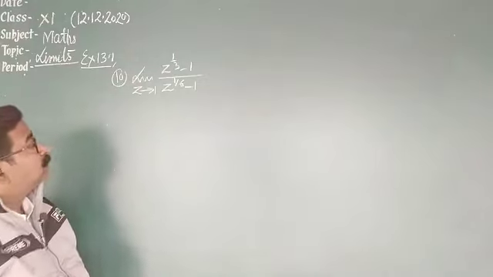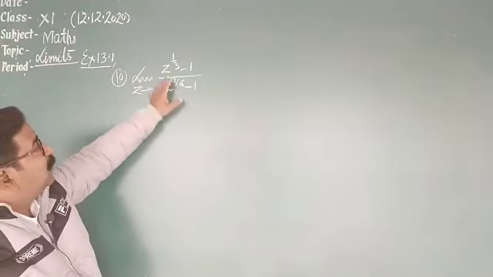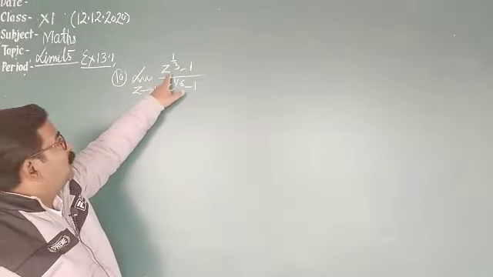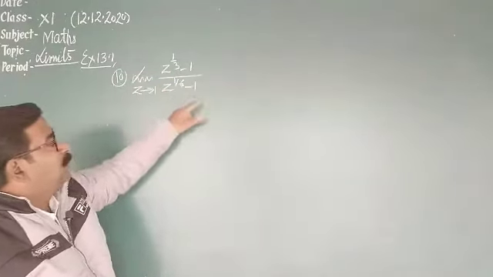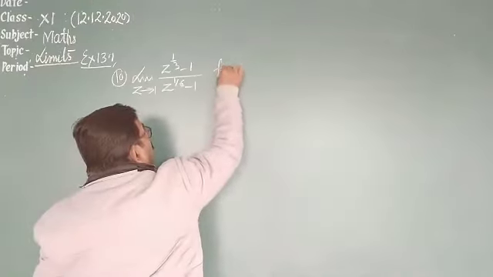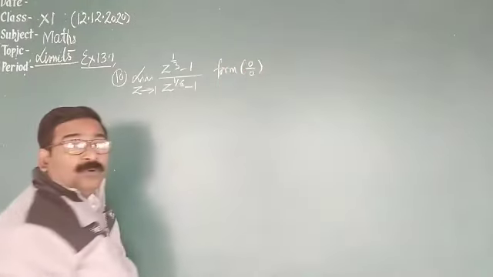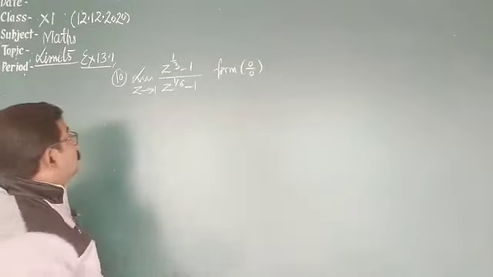See, this question is again of the form 0 upon 0, because if you put z is equal to 1, it becomes 1 minus 1 is 0, here 1 minus 1 is 0. So this is of the form 0 upon 0. So we will simplify it again.